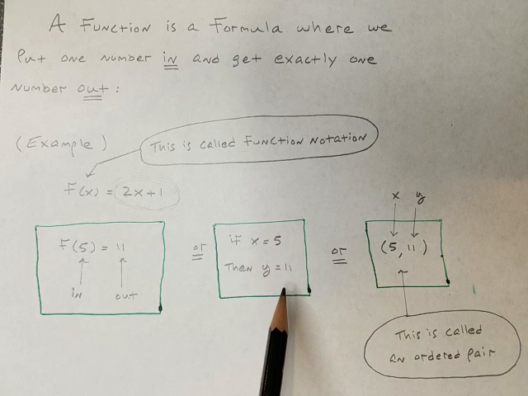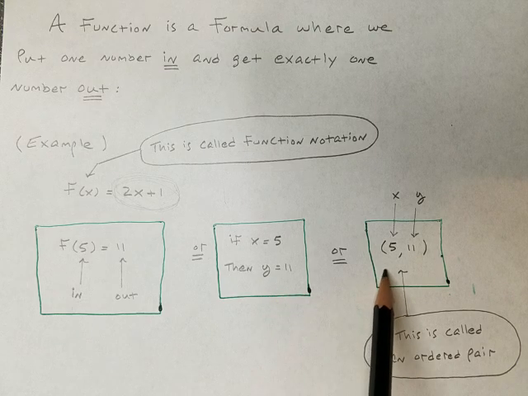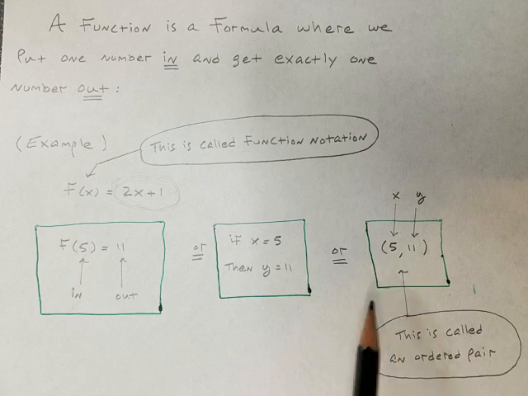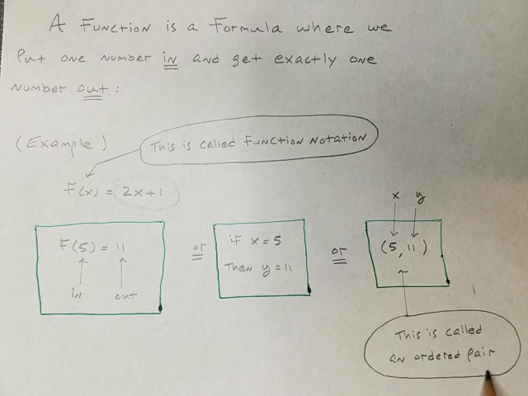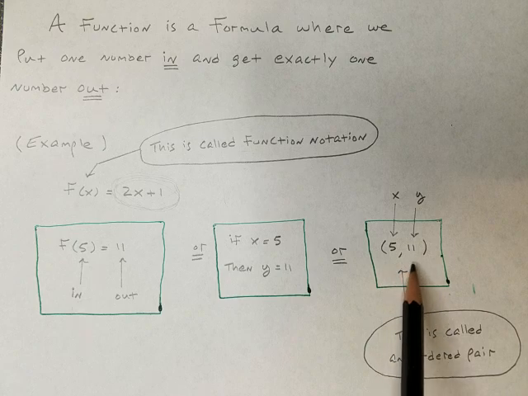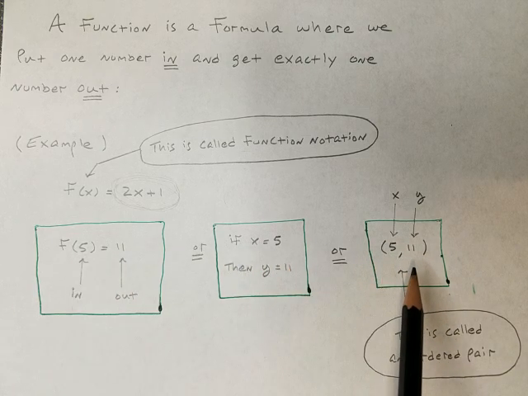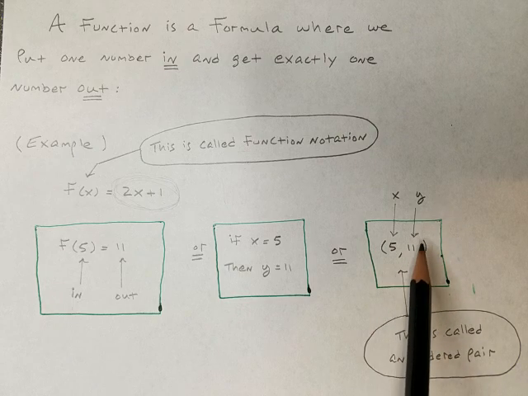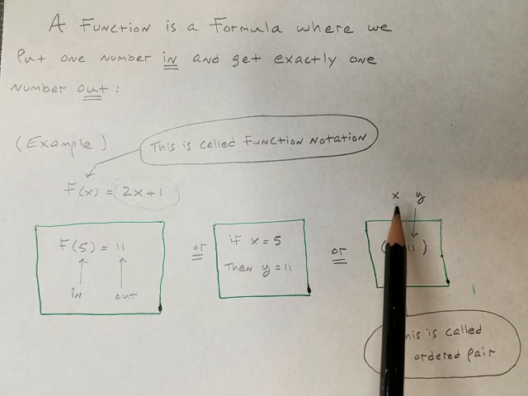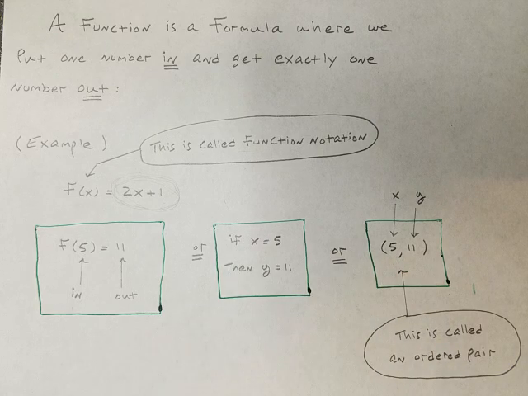That would be another way of saying the same thing. Another way is to express it with something called an ordered pair, where I put parentheses 5, comma 11, and that means exactly the same thing as these two. It just means if x is 5, then y is 11. In an ordered pair, we put our variables in alphabetical order, so x is 5 and y is 11.